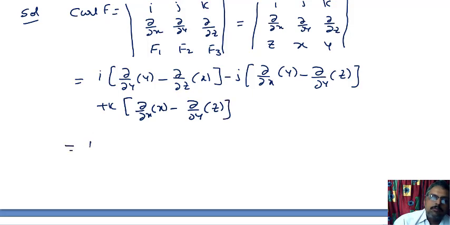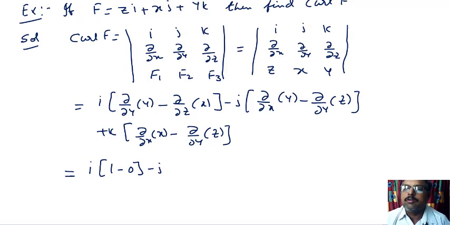Now partial derivative, i into dou by dou y of y is 1 minus 0. Into this, the derivative is 0; y derivative with respect to x is 0; z derivative, one minute.